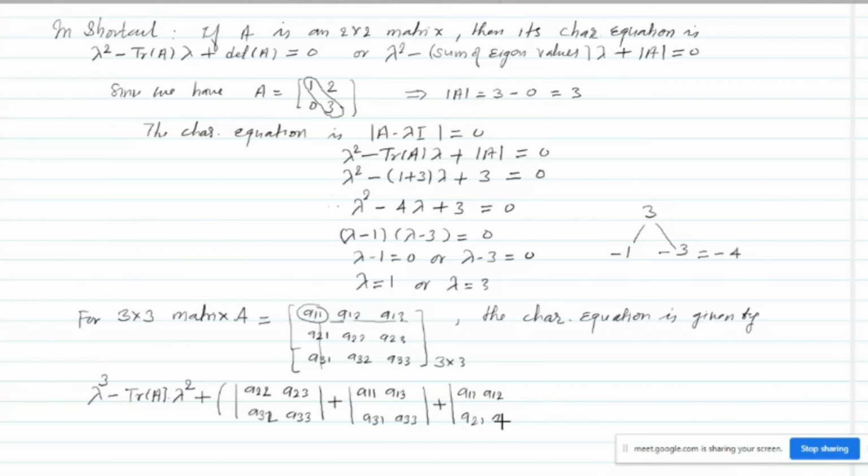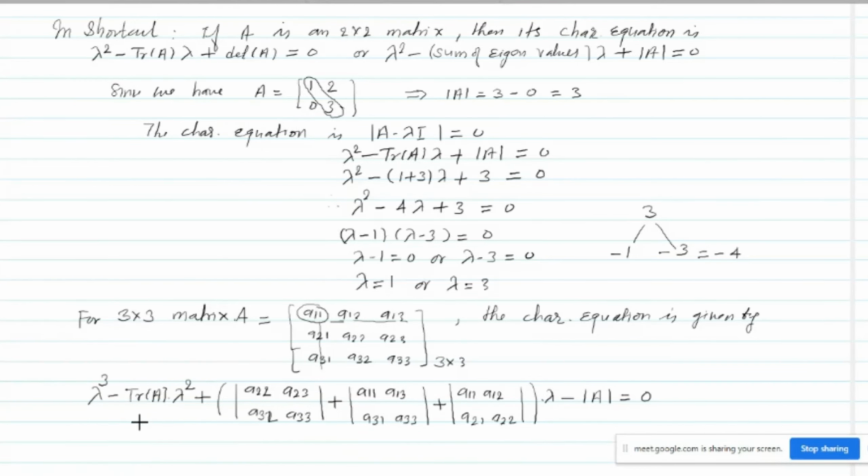Close the bracket. Here is lambda cube, lambda square, so here it will be multiplied by lambda. The signs will alternate: plus, minus, plus, then here minus. And in the last we have the determinant of A, and this is equal to 0. So this is your characteristic equation formula.